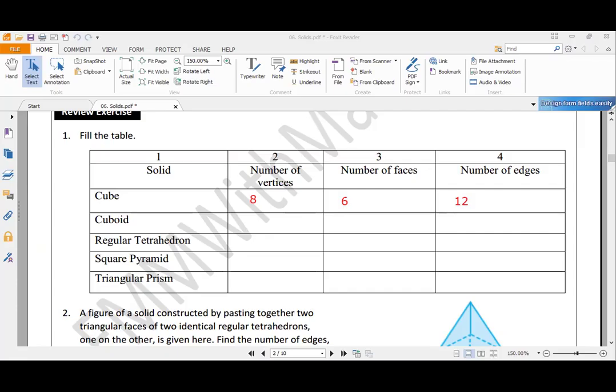Farad, can you remember how many vertices there are for a cuboid? 8. And how many faces are there for a cuboid? 6. How many edges are there for a cuboid?